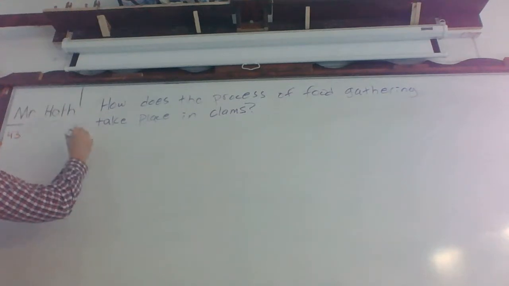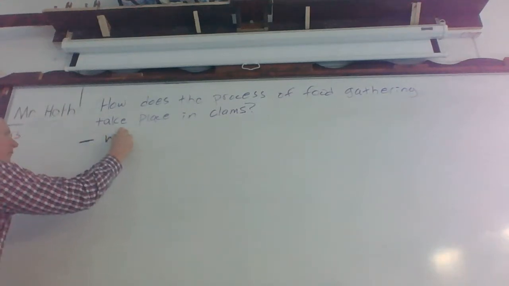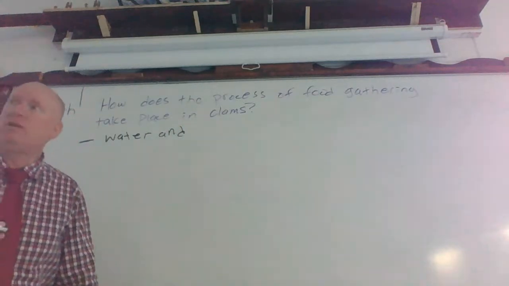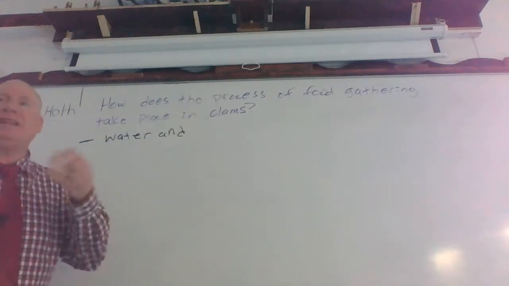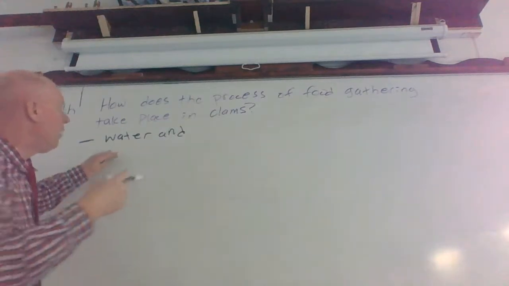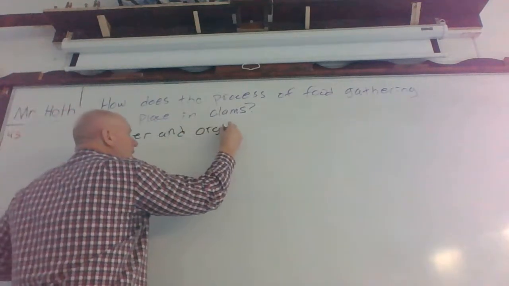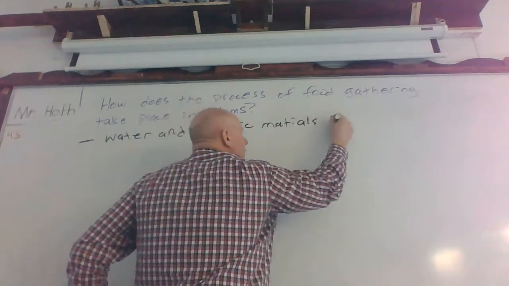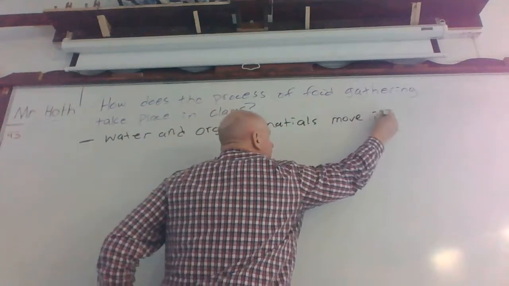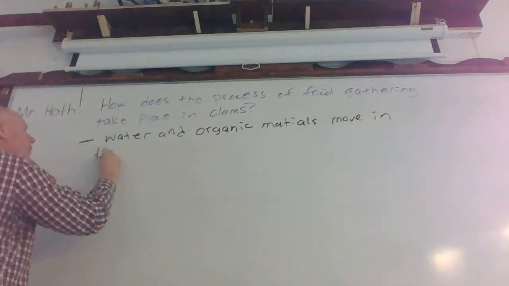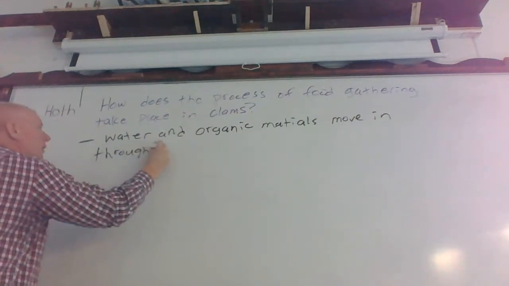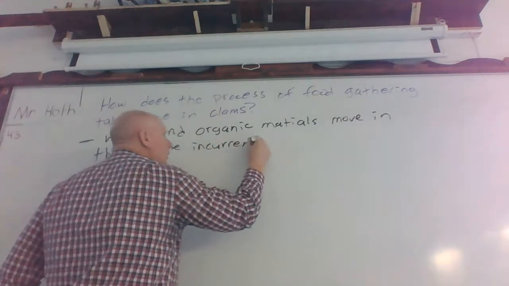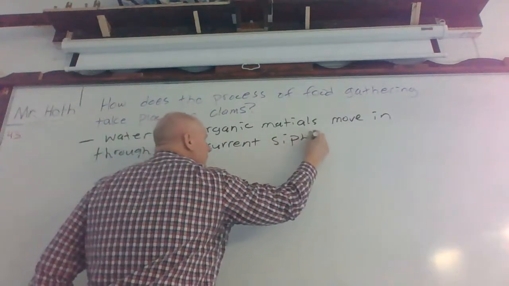So what we see happening is water and food particles, organic debris, that means the same thing, okay? So water and organic materials move in through what you said earlier, through the incurrent siphons, okay?